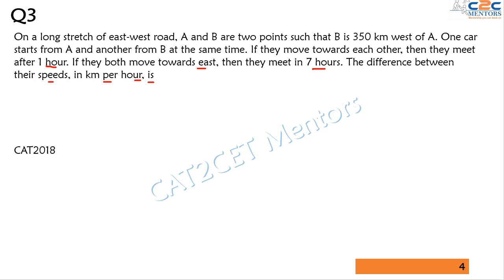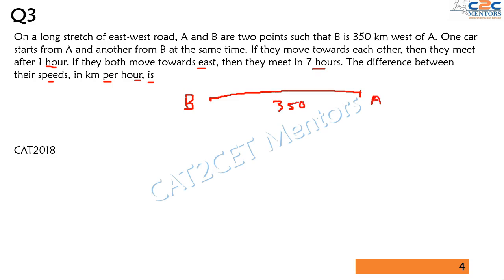Now in this question again we will need to draw the diagram, and there is a concept involved in this question which is logical. So that is the catch in this question, nothing else. Let us draw the diagram. We are given that A and B are points 350 kilometers apart and B is to the west of A. So B will be here and the distance between them is 350 kilometers.